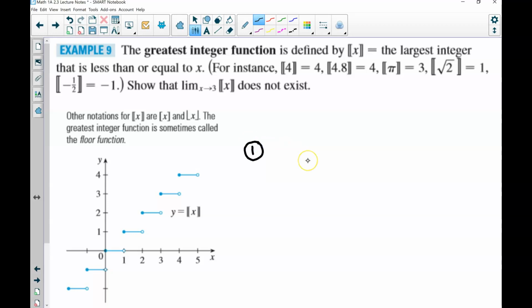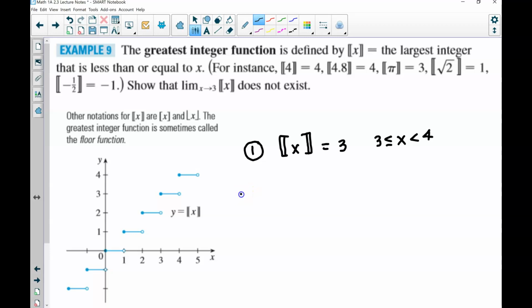Now, when we talk about the greatest integer function of x when it's equal to 3, what that means is that x is greater than or equal to 3, but it is less than 4. So that's important to make sure that we know that.